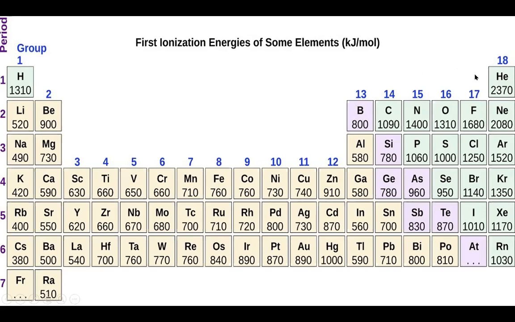It means extra amount of energy is required to remove electrons which are present on the right side of the periodic table. Right side elements are not good electron losers, yet they are electron gainers. While on the left side of the periodic table, because these are metals, metals have a tendency to lose electrons, so their ionization energy values are smaller.